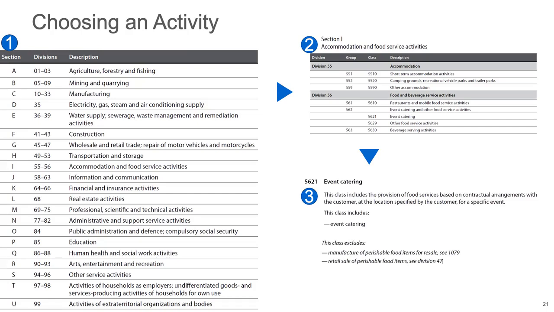Section I has 2 divisions, 55. Accommodation and 56. Food service. Second, we'll examine the group and class of food and beverages services. It's apparent now that Group 562 and Class 5621 are likely to be the correct choice for event catering. Third, let's inspect Class 5621 to see the description, inclusion, and exclusions.